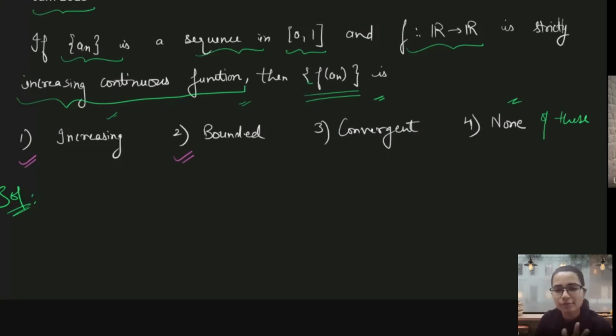You might all have a little bit of an idea of this question, whether wrong or right, but let's solve it. First of all, they are saying that a_n is a sequence in the closed interval [0, 1], and f is a strictly increasing continuous function. As I do not have any idea on how to solve this question, let me take an example. That is the most basic idea on how to start questions.